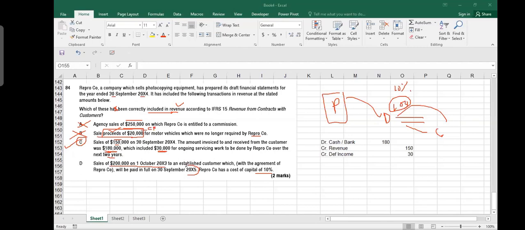If you remember the significant financing component, when payment is made after 2 years, the revenue should actually be only the discounted value, the present value. The revenue should be recorded as 200,000 divided by the discount factor 1.1 to the power of 2, the 2-year discounted value.